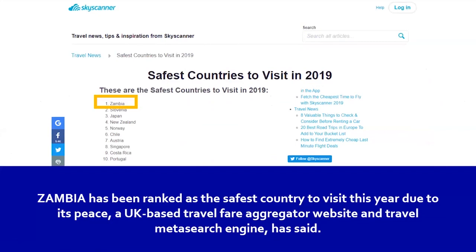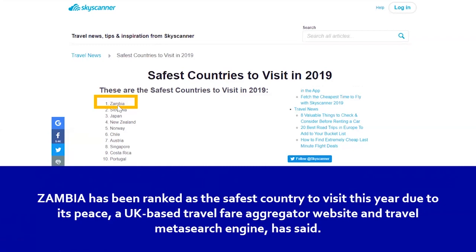Zambia is one of the countries with a lot of tourist attractions, where they can see a lot of wildlife. And not only that, Zambia is one of the safest countries in Africa. Yes, actually, according to one of the latest reports from the UK, there is a travel fare aggregator website and travel meta search engine called Skyscanner.